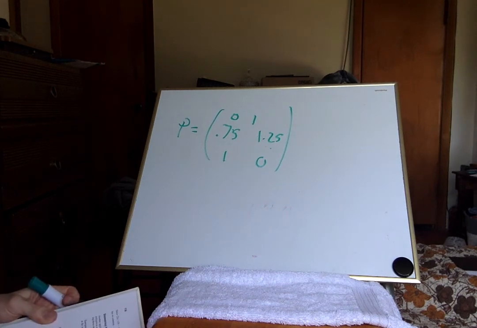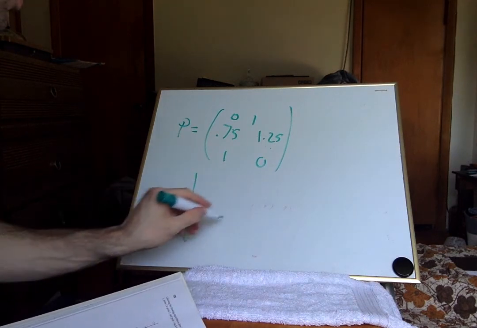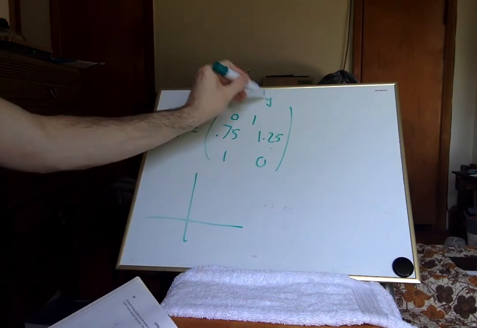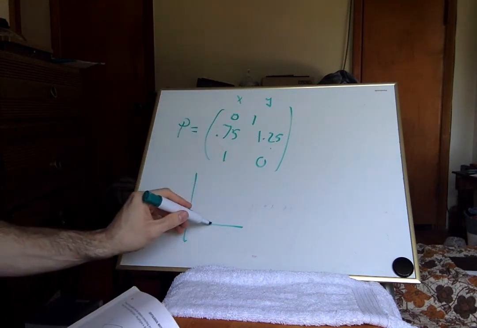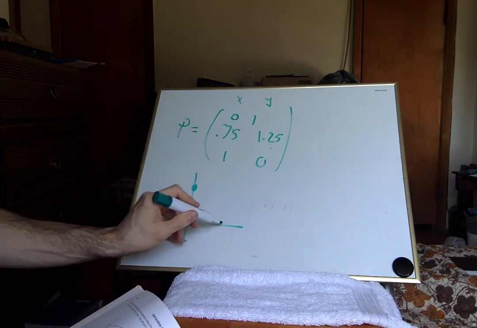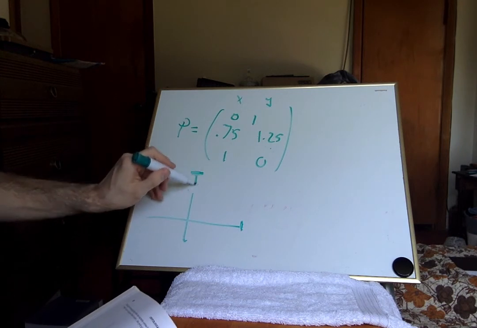So what does all of this mean? Well, this is just the triangle, because there are 3 points. This is x and this is y. So x is 0, y equals 1. That's this point. 0.75, if this is, let's say, 1, and this is 1.